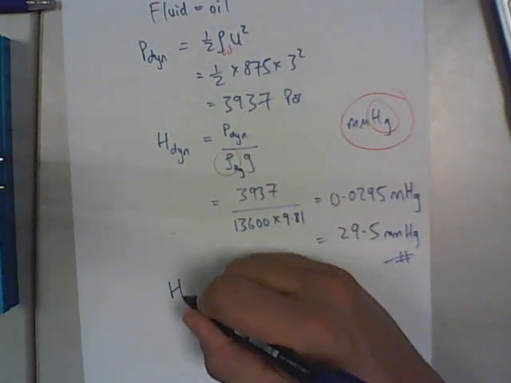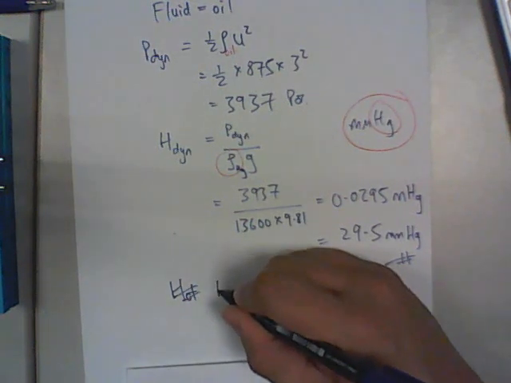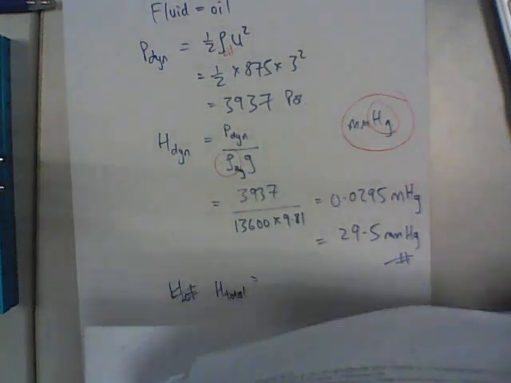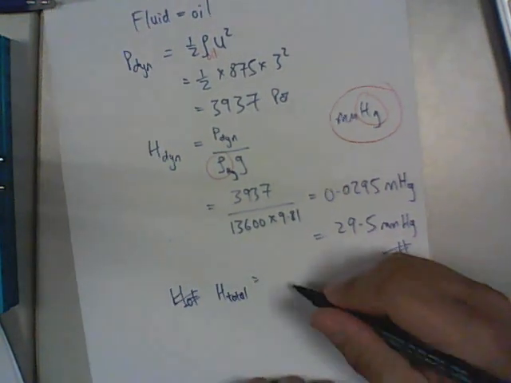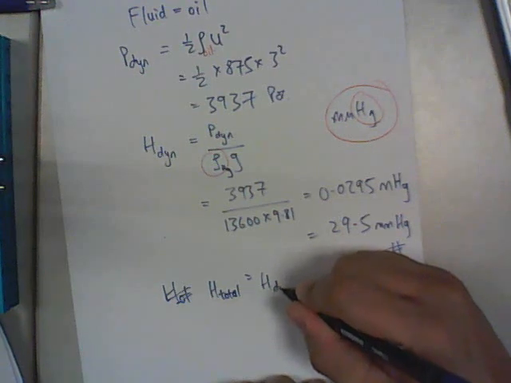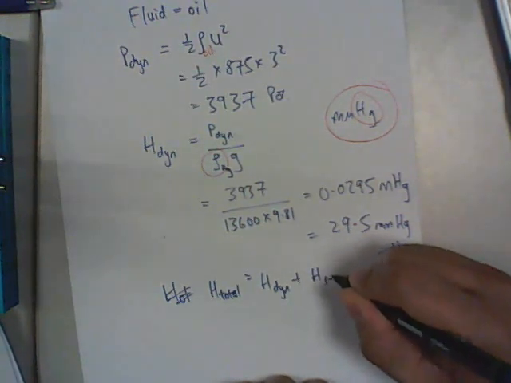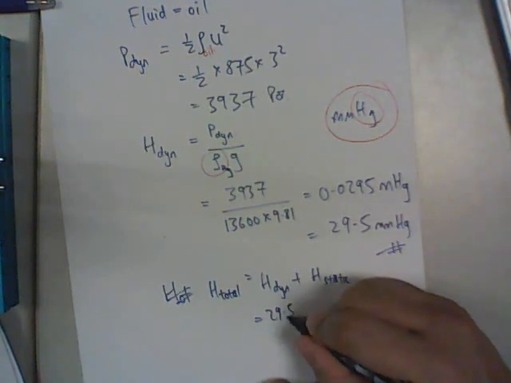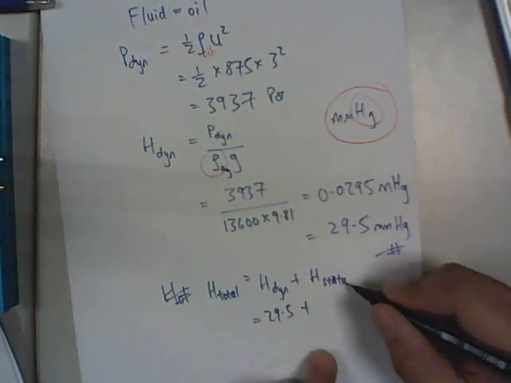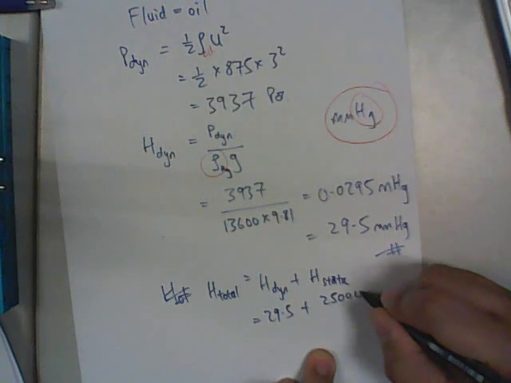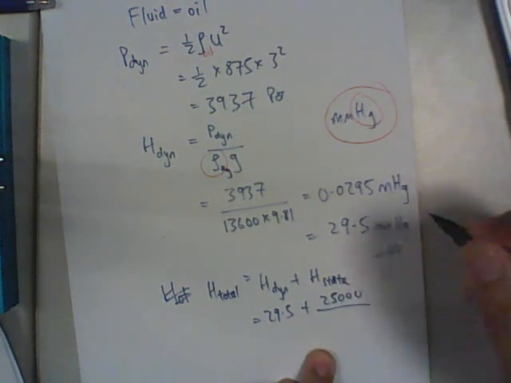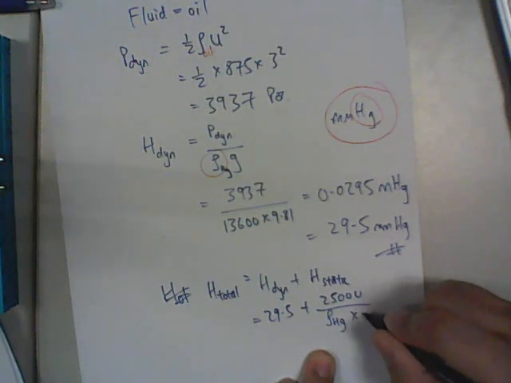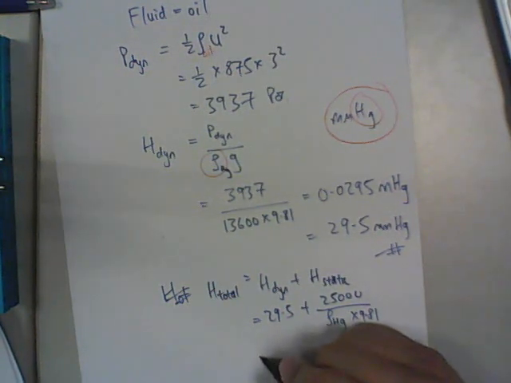And then your total, you can simply let it be dynamic plus static head. Dynamic you already found is 29.5. The static head will be 25,000 pascals divided by rho g also. Rho of mercury times 9.81.